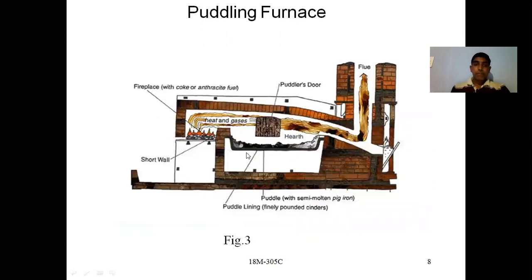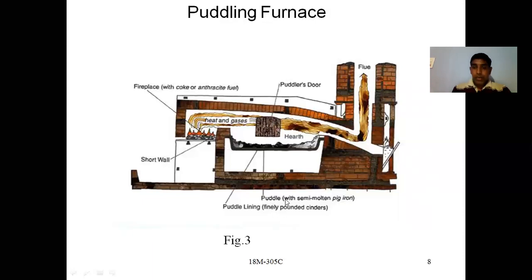See this one. If you see here, this fireplace with coke or anthracite fuel. When this coke or anthracite is burned here, and you are having a short wall here. From this one, when this burns, heat and hot gases will enter into this chamber where you are having the puddler's door, that means the charging door is here. From this one, you are sending the pig iron here.